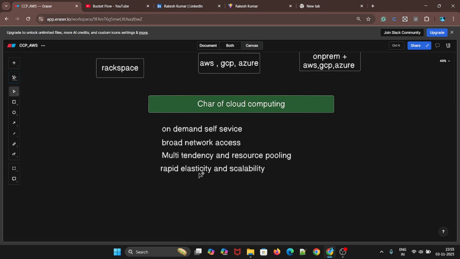What this means is that as much as you need, you can use it, like horizontal scaling and vertical scaling. You can add as many servers as you want, and you can stop the server when the requirement is no longer needed.